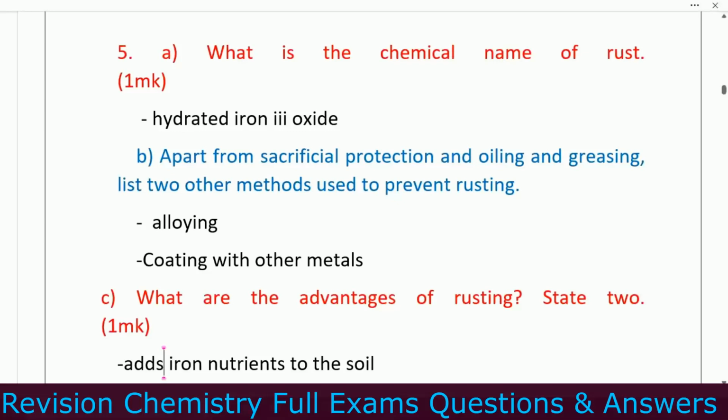Other methods that you can use to protect against rusting rather than sacrificial protection, we can use alloying. You can also use coating with other metals.